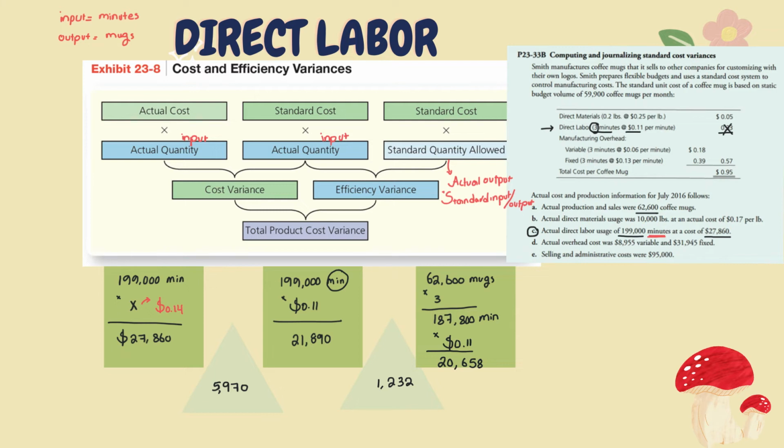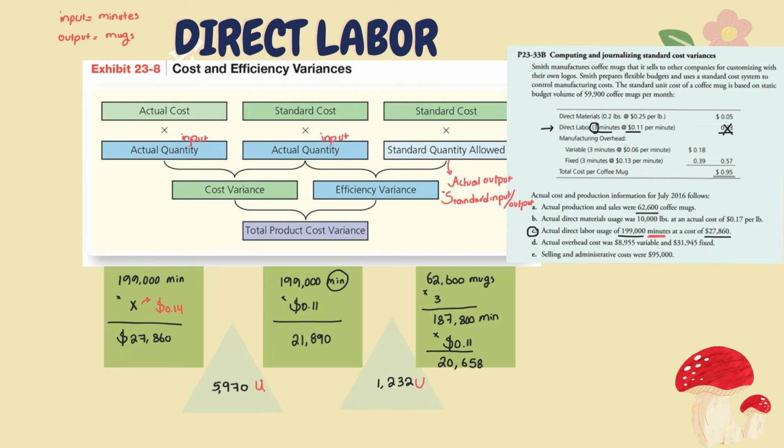Direct labor is a cost. So I expected to pay 21,890, I paid 27,860, so I paid more, so it's gonna be unfavorable. Here I expected to pay 20, I paid 21, I paid more, so it's gonna be unfavorable variance.